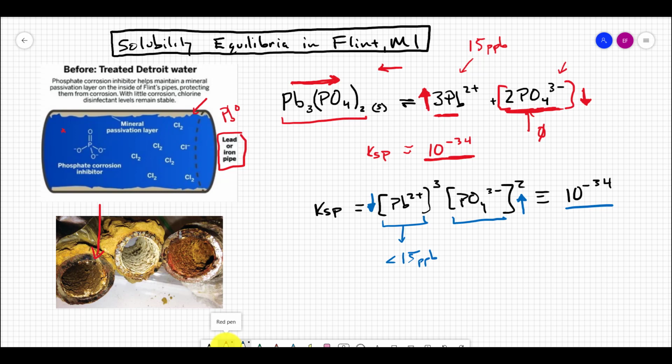What's really nice about thinking about things in this way is you're thinking about Ksp less from a perspective of something dissolving and more from a perspective of a controlling parameter in water quality. So how do we use this expression, which is exactly what water quality chemists would have to do, to compute how much of this stuff we need to add to a city's drinking water so that we don't poison them, but we also keep the lead down below 15 parts per billion.